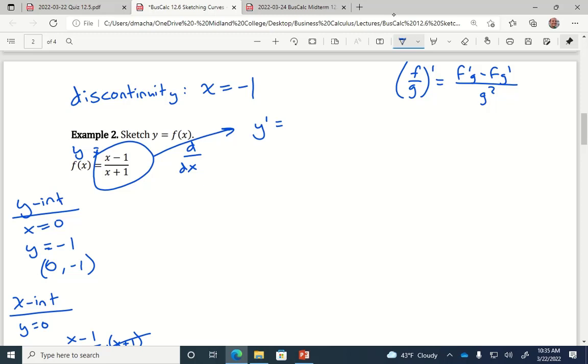So f prime, the derivative of my numerator, is just 1, times g, which is my denominator, x plus 1, minus f, which is my numerator, x minus 1, times g prime, which is the derivative of my denominator, which is 1, divided by my denominator squared, so (x plus 1) squared.